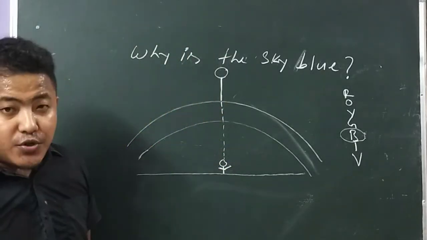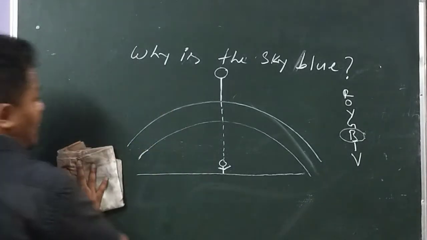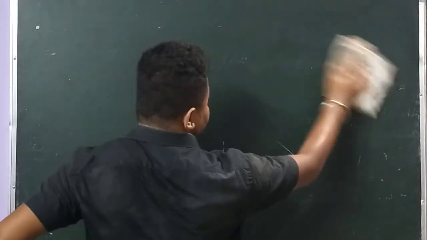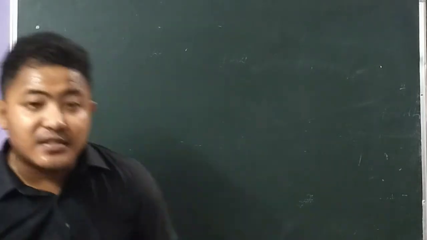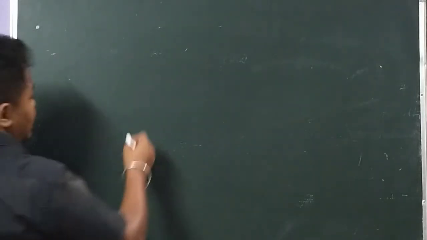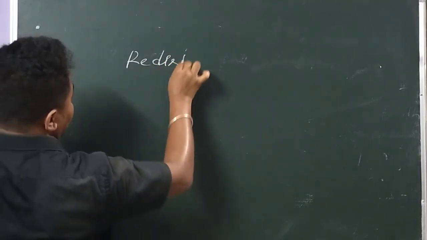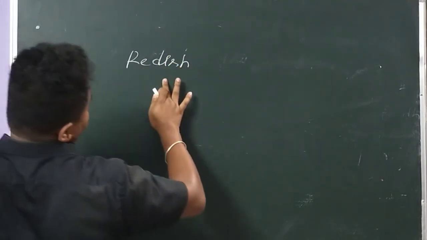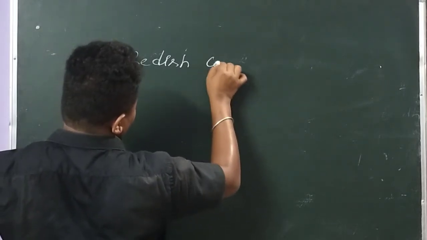And next, one more question: why do we see the reddish color of the sky during sunset and sunrise? Okay, reddish color, or red.